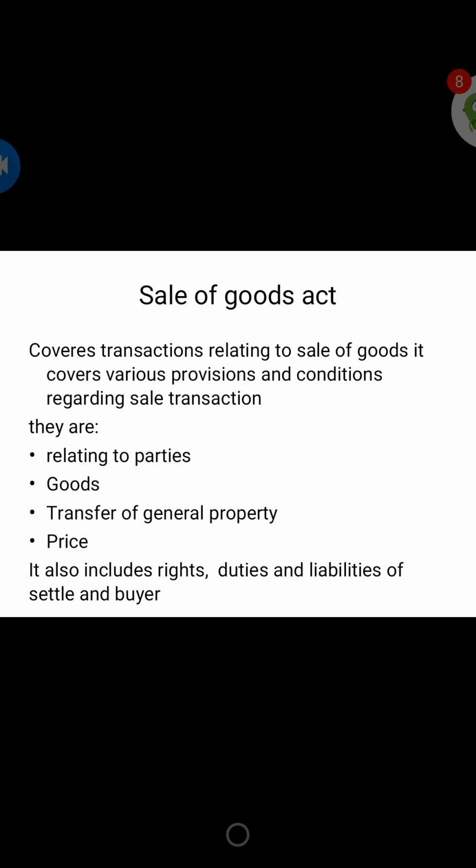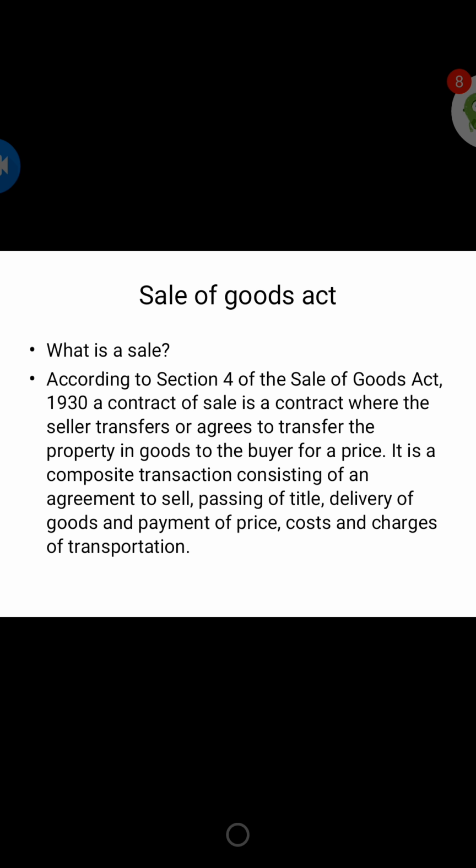Hope you understood what this Sale of Goods Act is. In simple terms, for a valid sales transaction there should be an agreement between the buyer and the seller. What are you going to transfer? You are going to transfer the property in goods, and the goods here mean movable goods. To whom?